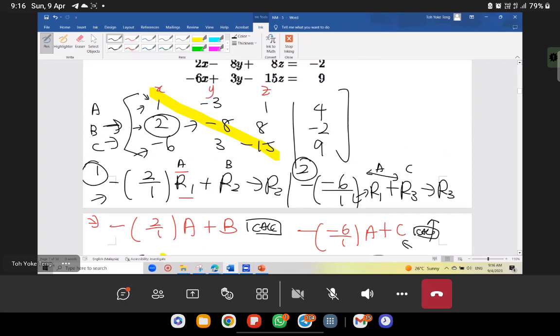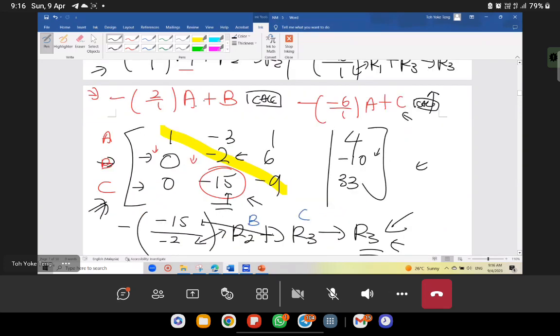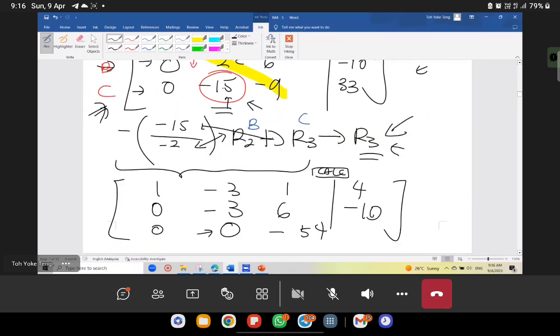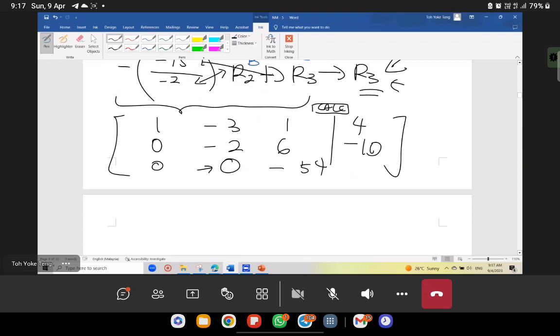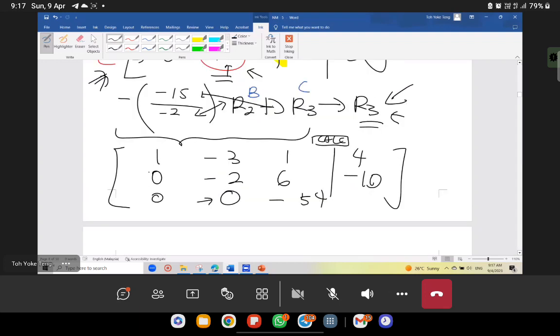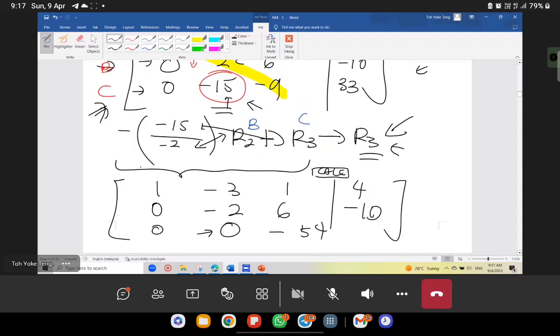Negative 3, negative 8, negative 2. So this one is correct. Until here, this one is correct also. Okay, so once you insert it, and then you insert this one, you get E as negative 14, and this value as 108.